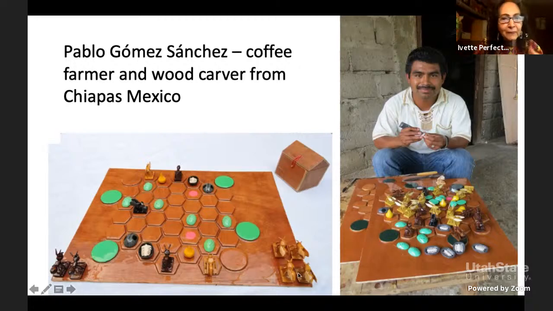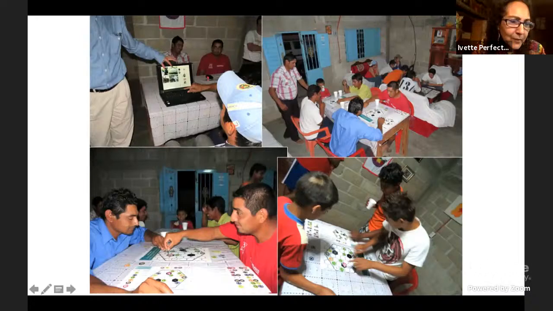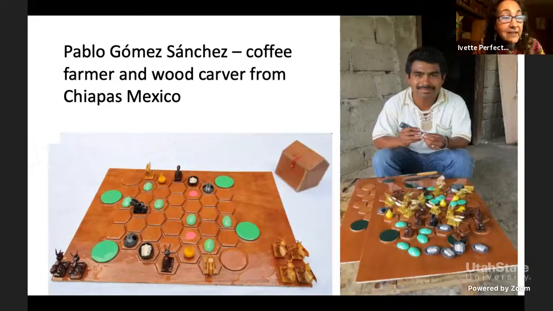We left a copy of the game, but we play it with these cardboards and just little cardboard tokens. Based on the pictures, he carved this game himself and painted it and all that. So now we order games from him whenever we go to a place to play the game. We leave one of these games with the community.